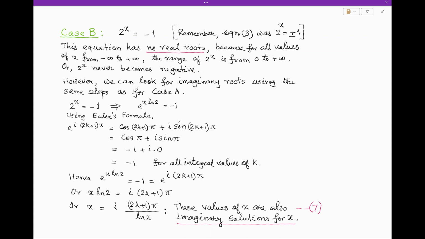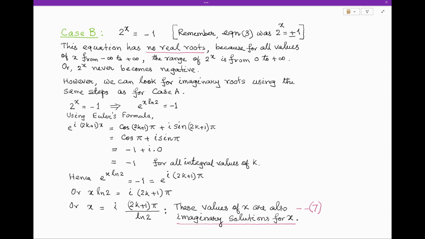However, we can look for imaginary roots using the same steps as in case A. Now, 2 to the power of x is equal to minus 1 implies that e to the power of x natural log of 2 is equal to minus 1. Why? Because 2 to the power of x is equal to e to the power of x natural log of 2.